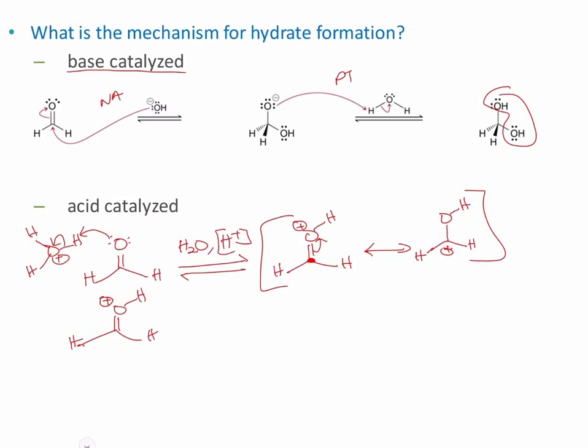So water, which we said is a weak nucleophile, now it is able to attack that carbonyl carbon because it's more electrophilic, and we end up with this. So we have water, we have the hydrogen, and we have oxygen attached to that. And this water here is going to be protonated. So we have that.